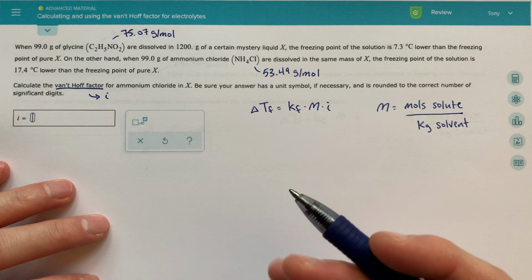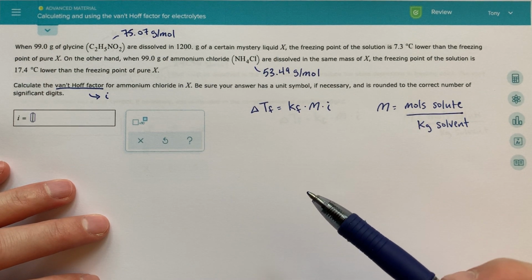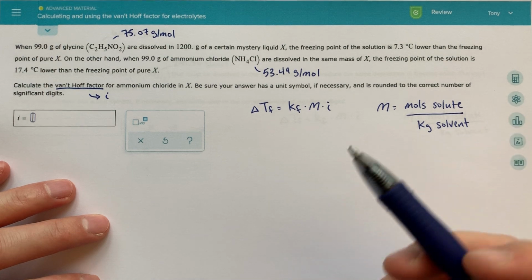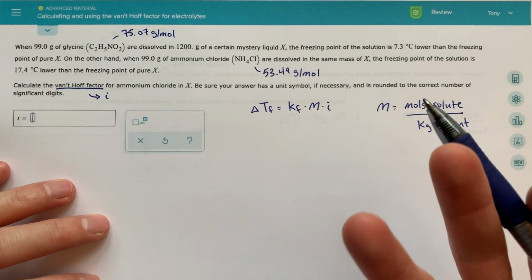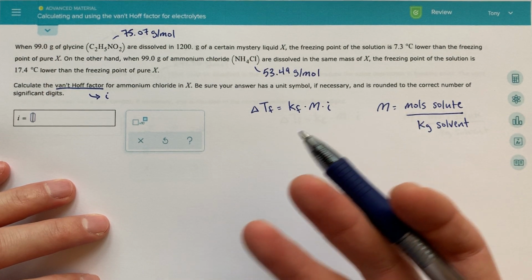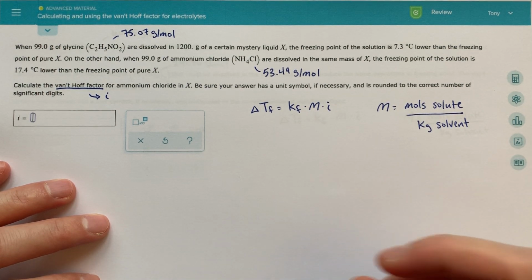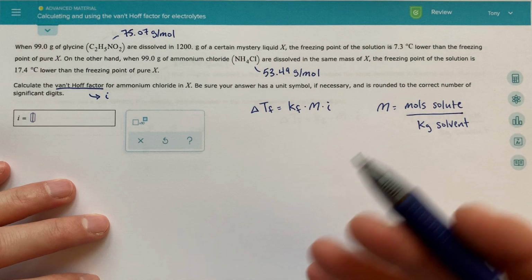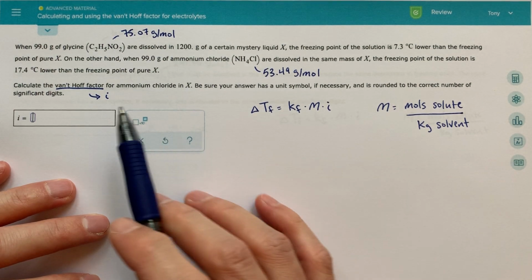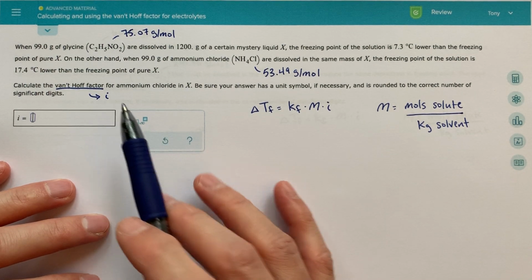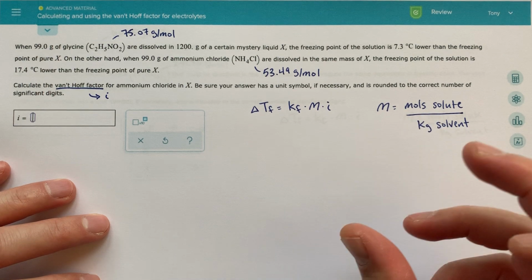Now, some things, when they dissolve, they dissociate. They break into multiple pieces. So if you think about sodium chloride, table salt, when you dissolve it in water, you're going to get Na plus ions and Cl minus ions floating around. So in that case, the Van Hoff factor takes into account the fact that you're breaking something into multiple pieces.